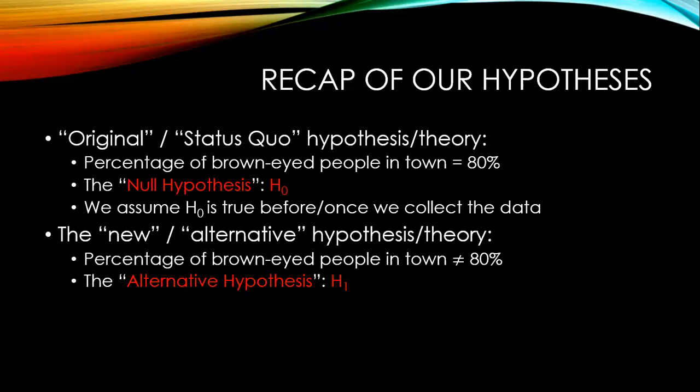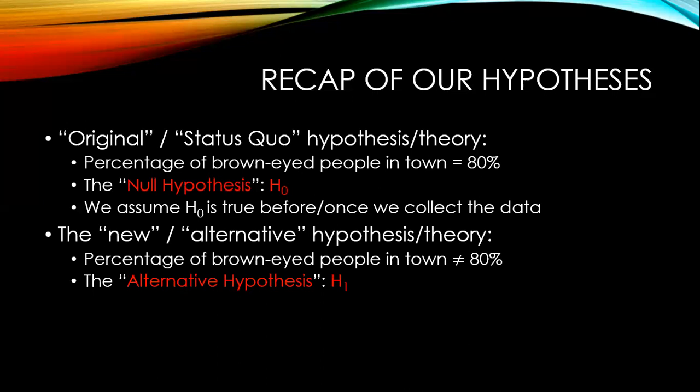Now, as I'll come on to in a minute, you could have an alternative hypothesis that the percentage of brown-eyed people in your town is less than 80%, or that it is greater than 80%. So there are three different types of alternative hypotheses you may have: a less than, a not equal to, or a greater than. But again, we'll come on to this in more detail in a minute.